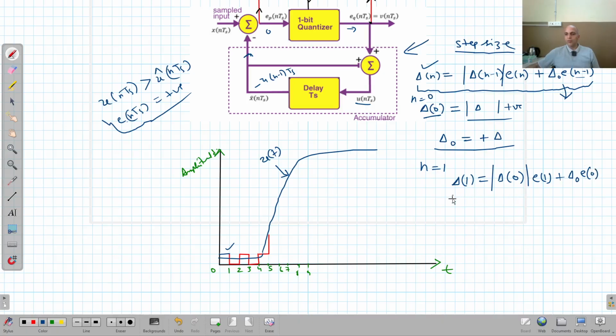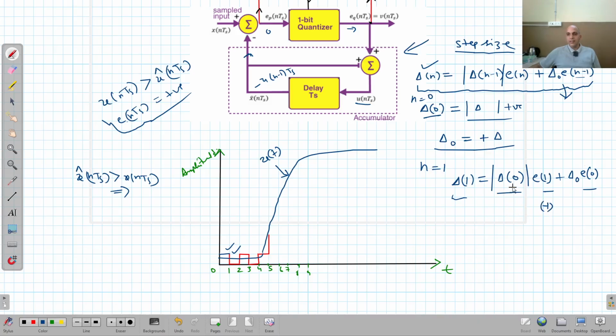Now look at these terms. e 1 means the error signal at this point of time. At this point of time, you can see that x bar n t s is greater than x n t s. So it means it is negative, it is above, so this term is going to be negative, minus 1.